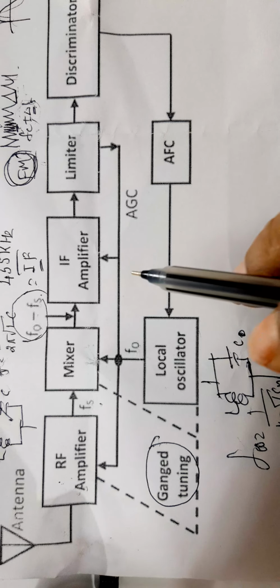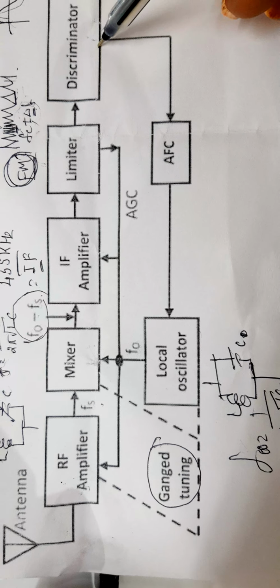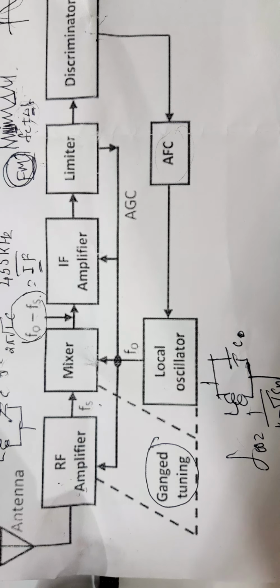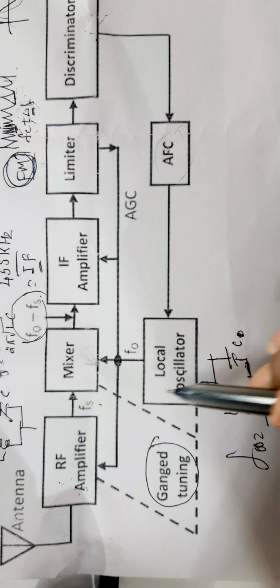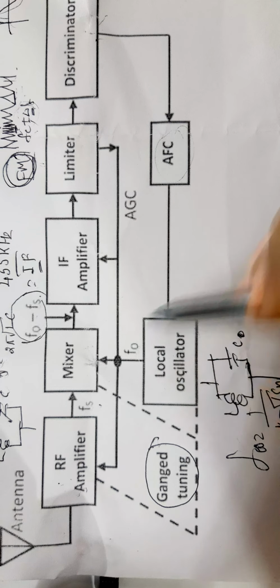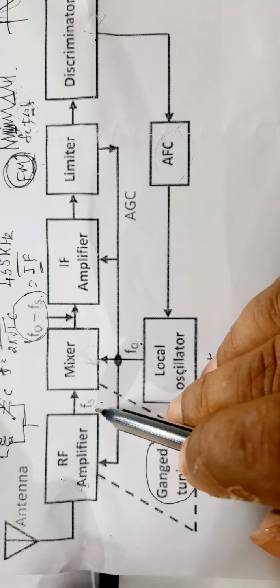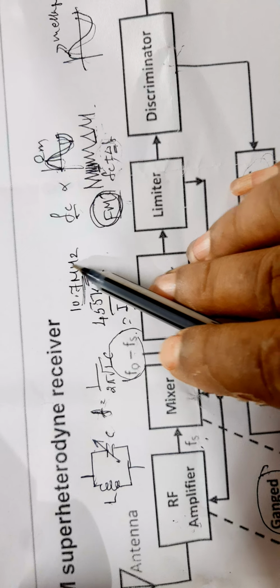Therefore, we take the output of the discriminator and connect it to AFC, that is called automatic frequency control. Then it is fed to the local oscillator, so that the local oscillator frequency changes such that F0 is more than Fs by an amount of 10.7 megahertz.